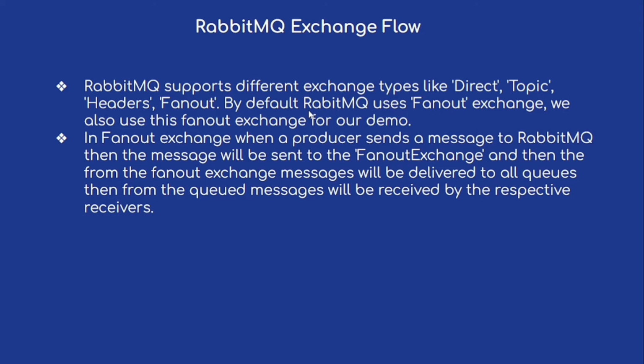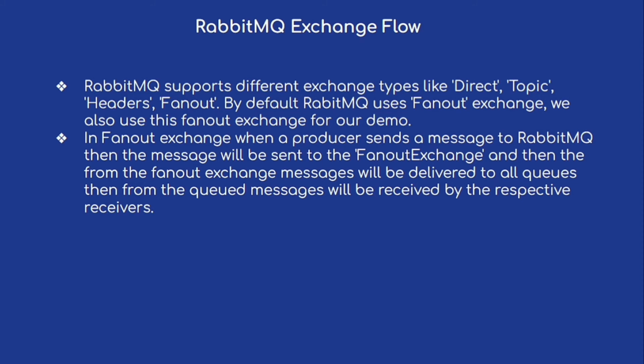whenever the producer sends a message to RabbitMQ, the message will be sent to the fanout exchange. Something like a disk memory is allocated to RabbitMQ, and there it will create a fanout exchange. The message will be stored in the fanout exchange, and then it will be pushed over to every queue that is connected to our RabbitMQ message broker.